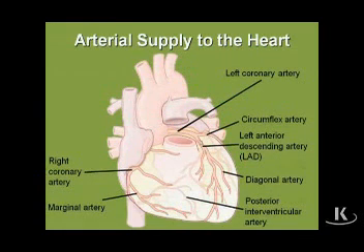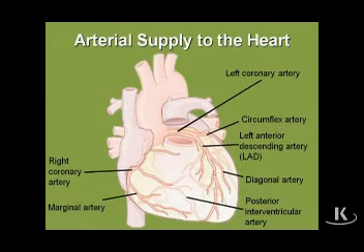The other branch of the left coronary is the anterior interventricular artery, also called the left anterior descending, or LAD, and that enters the interventricular sulcus on the front of the heart, sitting between the two ventricles. So again, it supplies the two ventricles, left and right ventricle, and the anterior part of the septum.